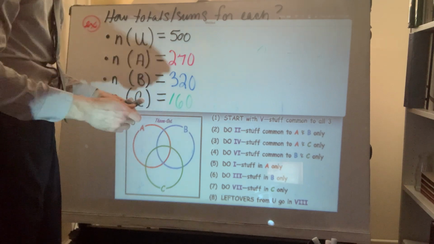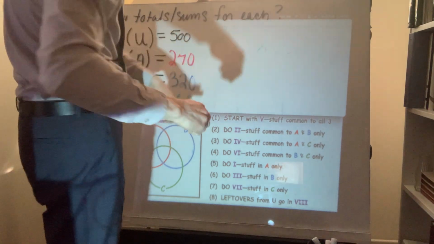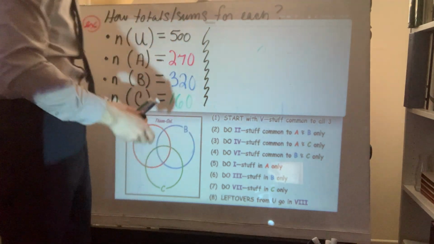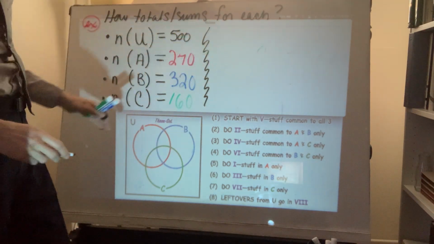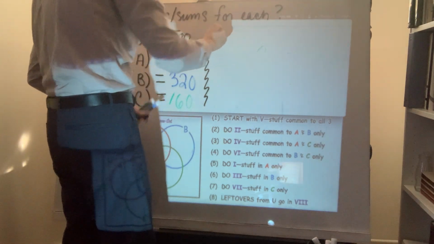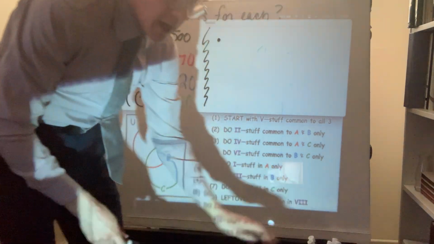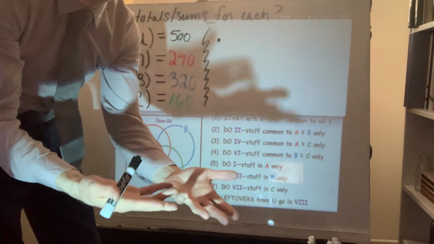Now, as a side note, and I'll put a little squiggle here, we're going to put together those things now that are cross-genre. We have some other information that was thrown at us as well.